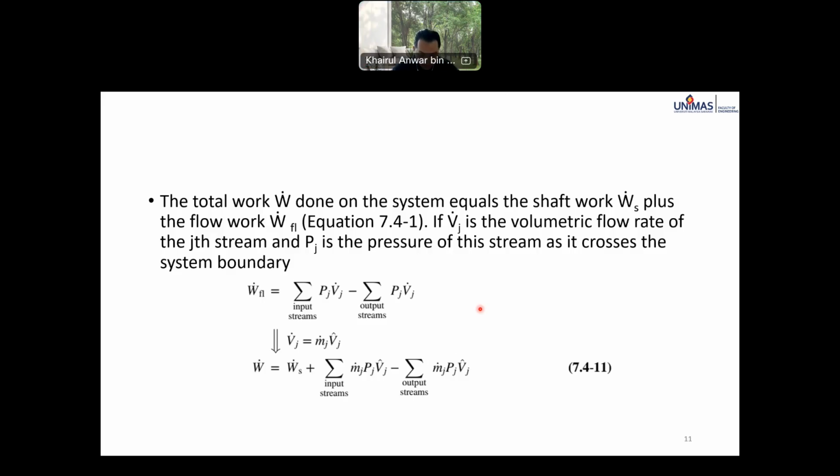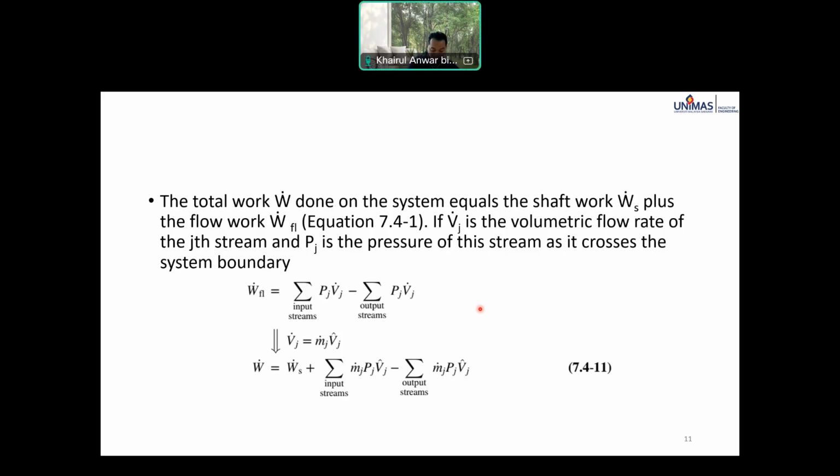So derivation. Total work done on the system equals the shaft work W_s plus the flow work W_fl. If V_j is the volumetric flow rate of the j-th stream and P_j is the pressure of the stream as it crosses the system boundary. Remember W_fl refers to when the fluid goes out of the system boundary.